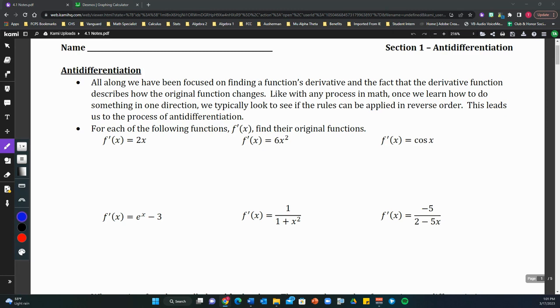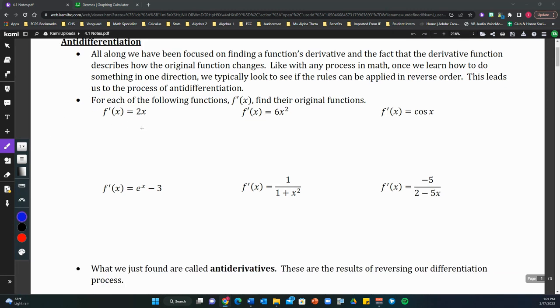For example, I have 6 functions here. Each of them is named f prime, which means each of these represents the derivative or the rate of change of some other original function. If we think hard, you could probably piece together what kind of function we could have started with and ended up with these as their derivatives.